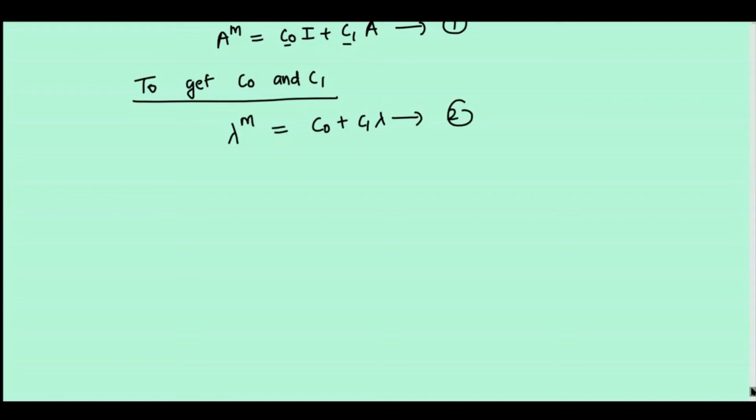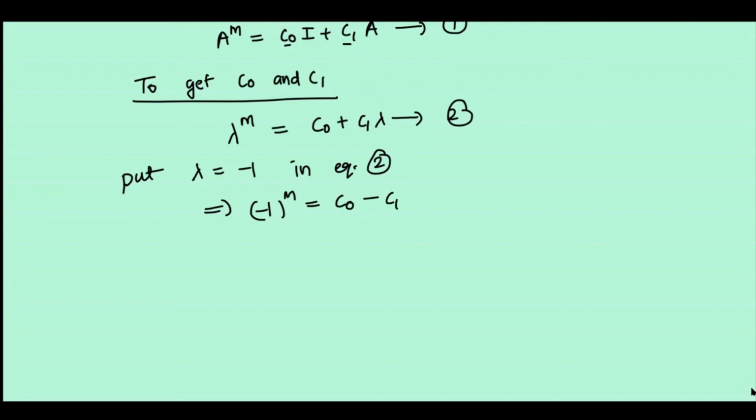And our eigenvalues are minus 1 and 2. So first we put lambda equal to minus 1 in equation 2. From here we will get minus 1 whole raised to m equal to C0 minus C1. So we got one equation. I mark it as equation number 3.